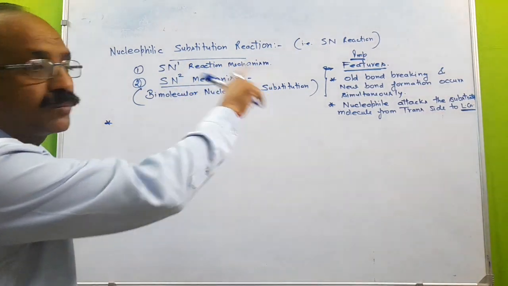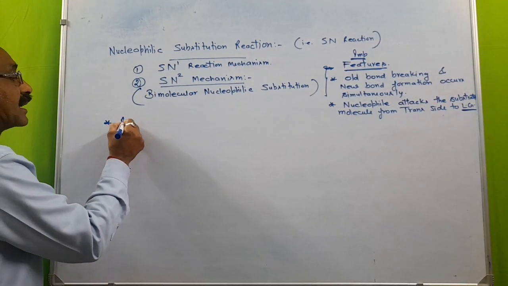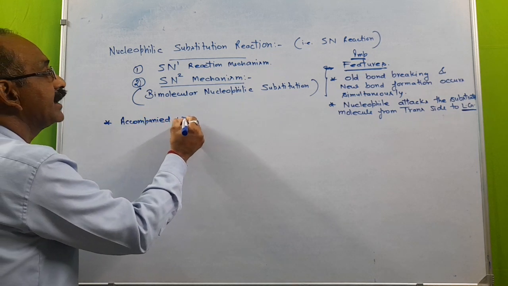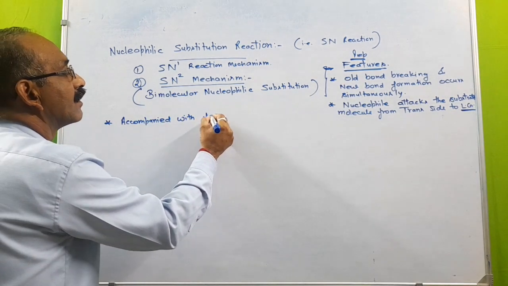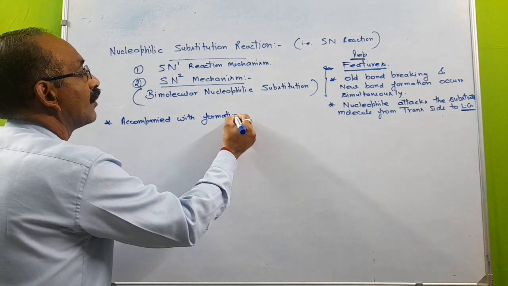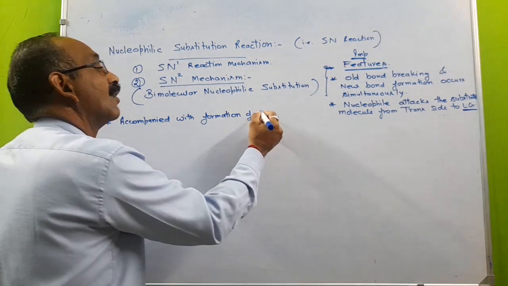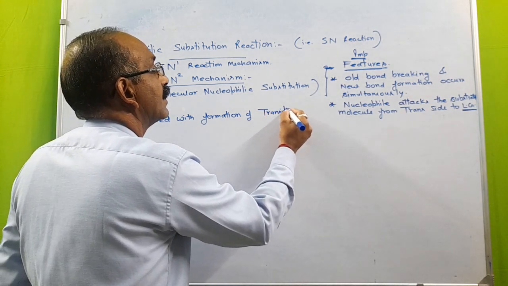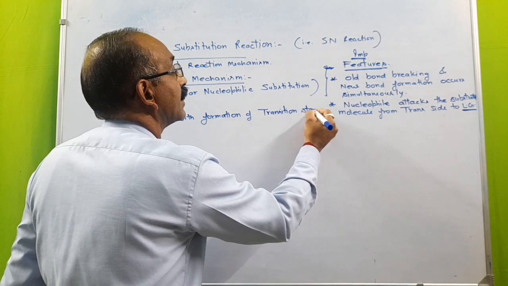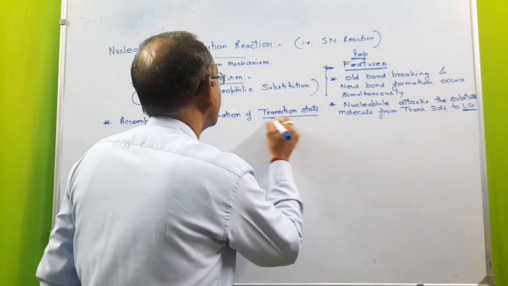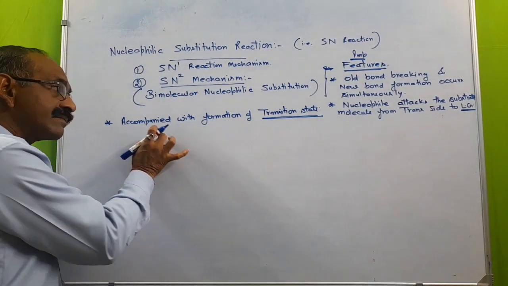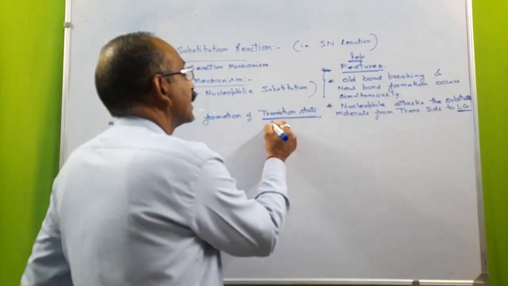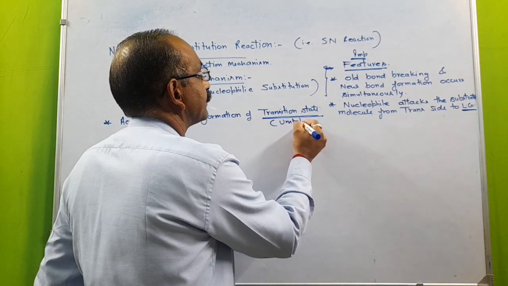So the SN2 mechanism is accompanied with the formation of one intermediate, or we may call it a transition state. This transition state is highly unstable.